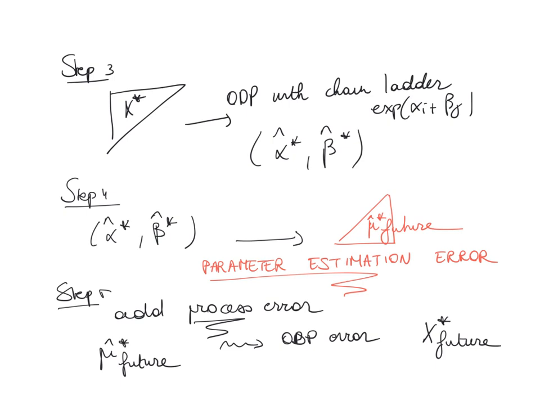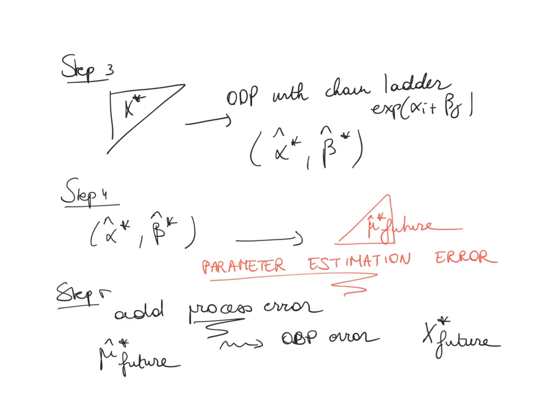And then the whole idea is if you repeat this recipe 1,000 times or 10,000 times, then you get a predictive distribution for the outstanding claim amount, a distribution that takes both the parameter estimation error and the process error into account.